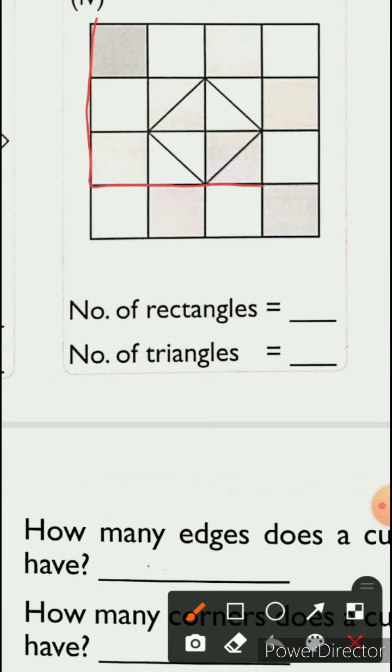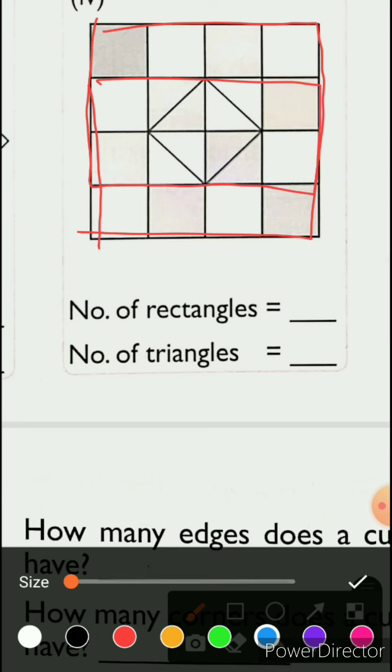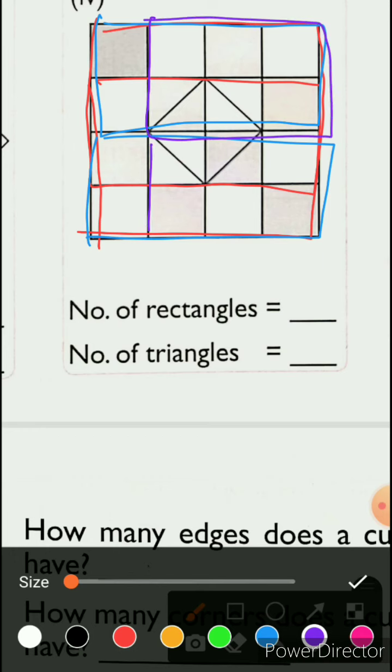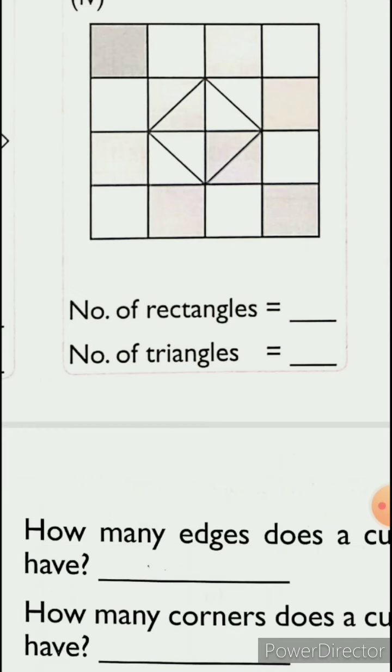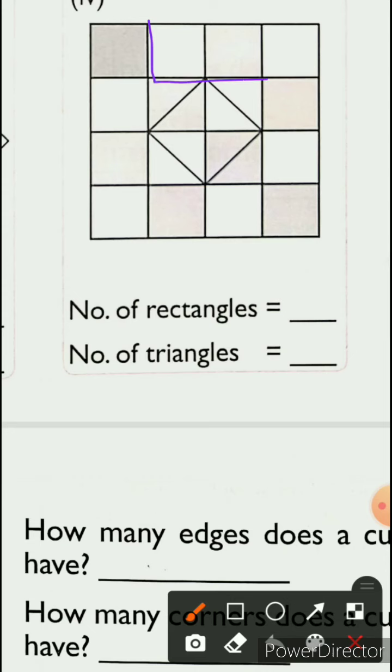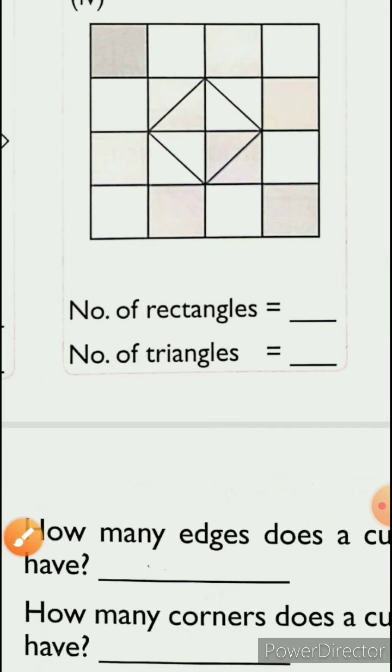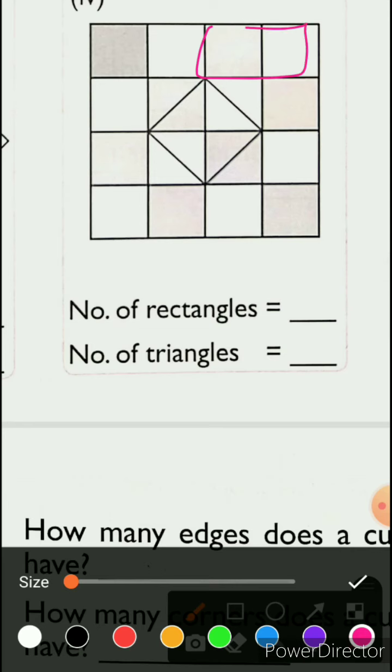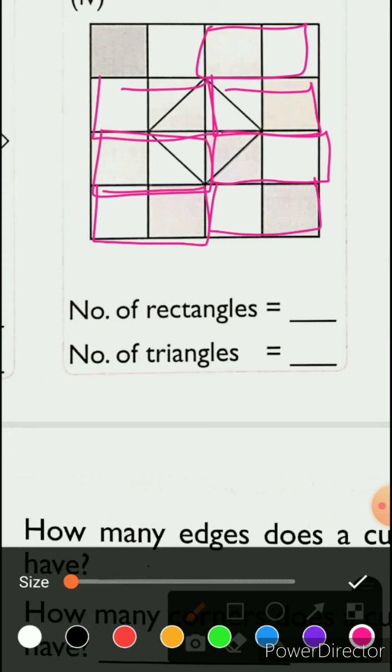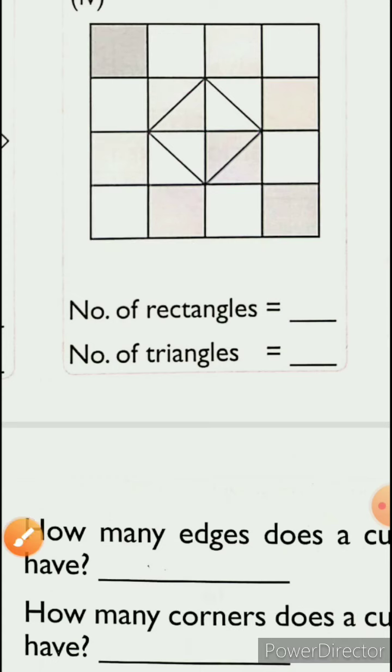So that is your first biggest rectangle, second biggest rectangle, then third, fourth, fifth, sixth, 6 rectangles, 7, 8, 9, 10, 11, 12, 13, 14, 15, 16, 17 and 18. So here total we have 18 rectangles.